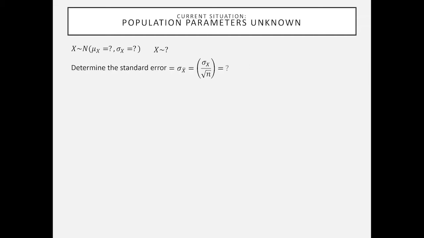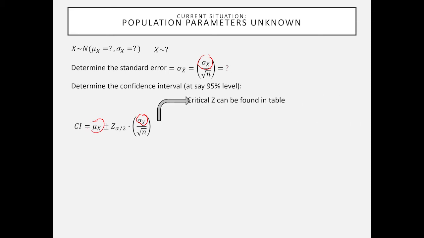So in this case, we can't really determine the standard error because this sigma x here is unknown. And we can't construct the confidence interval because the sigma x is unknown and the population mean is also unknown. Now, to get this straight, the critical z, we can still look that up in the table. That we can know.